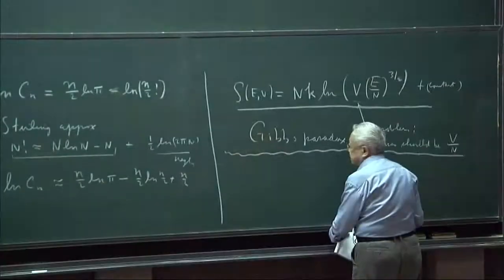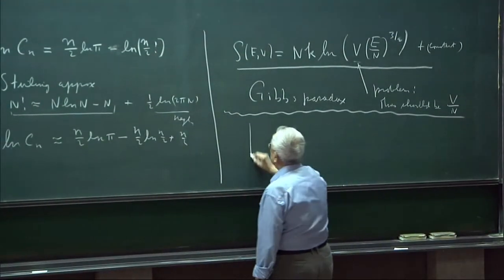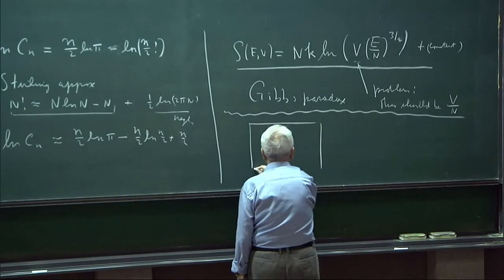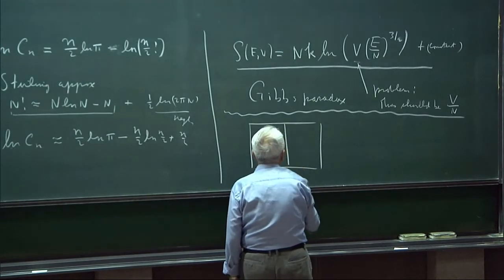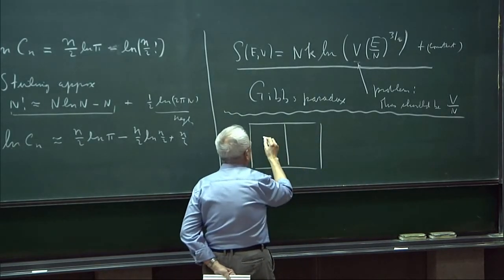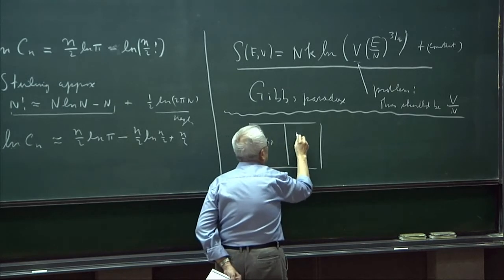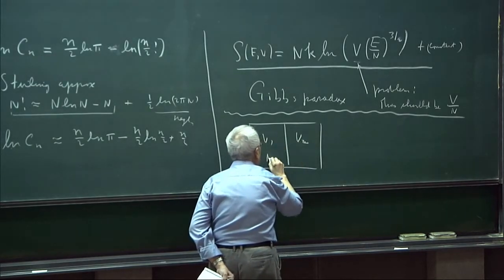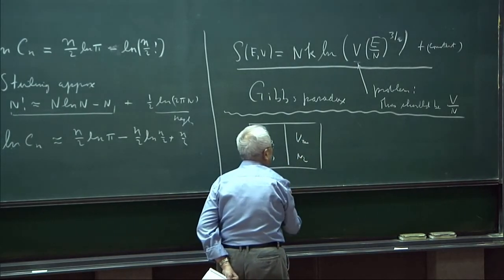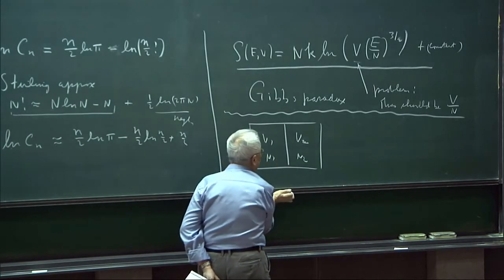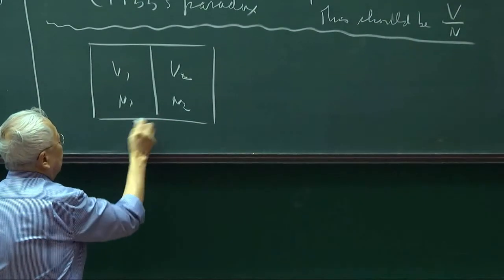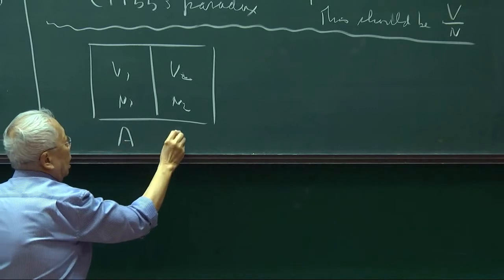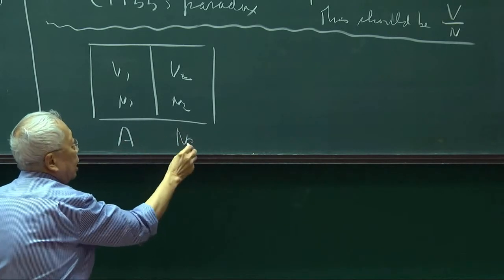Suppose I have two gases. I put them in two compartments. Suppose these are different: this is V1, N1 here, and V2, N2 here. Suppose in one part I put argon, and here I put neon. Two different gases.